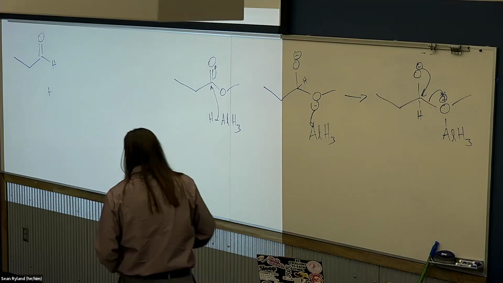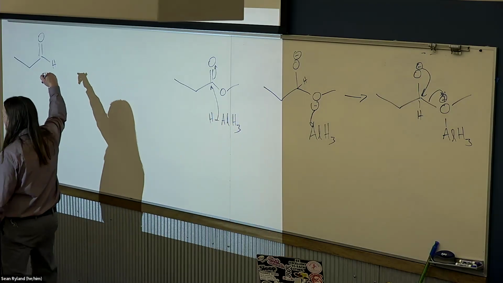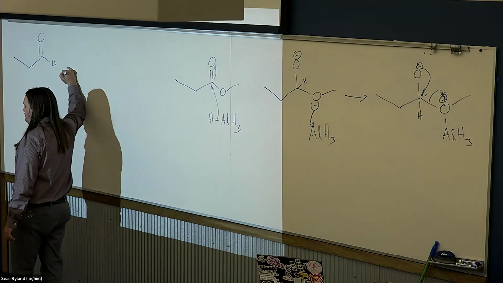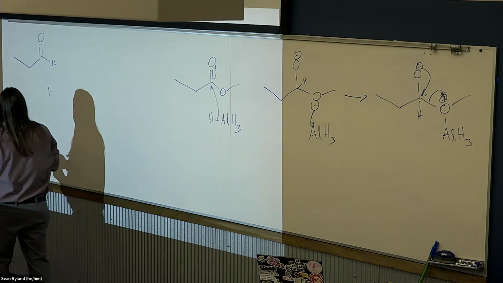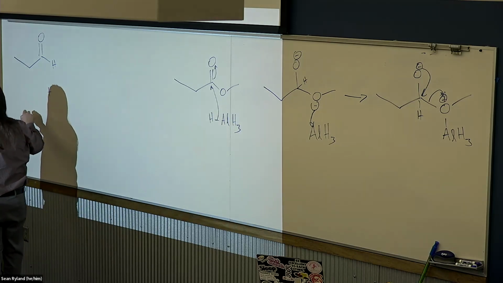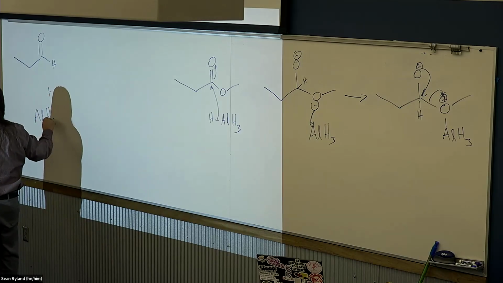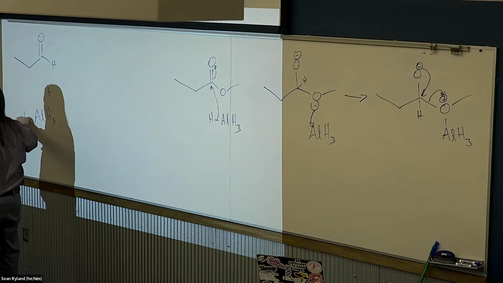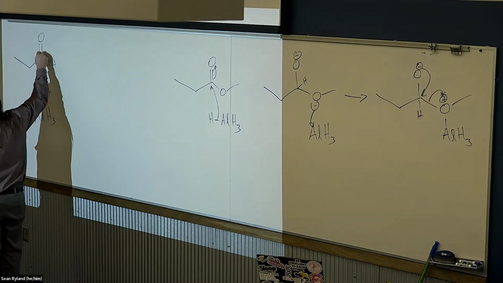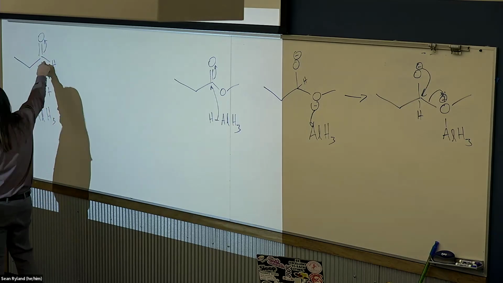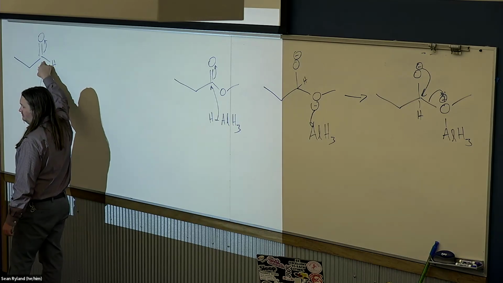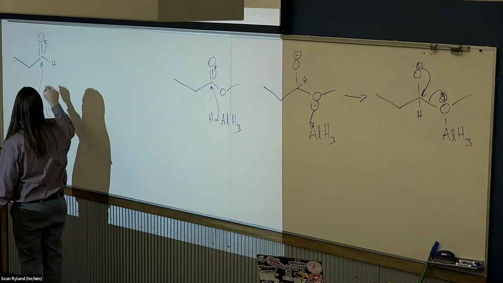So now we're going to come in. Now we saw an outline that still needs to be reduced to the rest. So let's do it again. We still have more aluminum hydride. So hydride attacks the carbon again, breaks the pi bond.